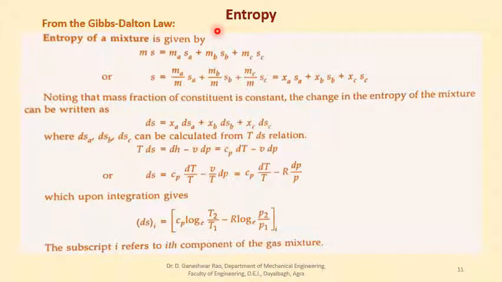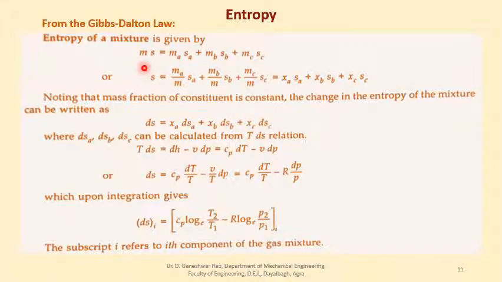Now finally we can find out entropy for the gas mixture using Gibbs-Dalton's law, which states that capital S is equal to SA plus SB plus SC, that is, sum of the entropies of different components is equal to the entropy for the mixture.